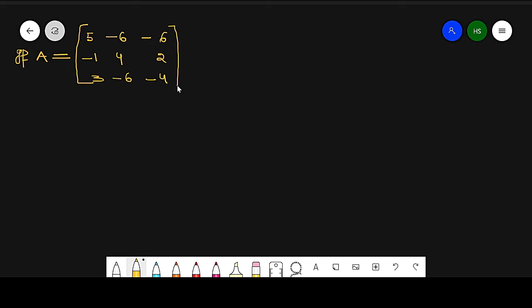For this matrix, find the minimal polynomial of A. Number 1, this is my first part.